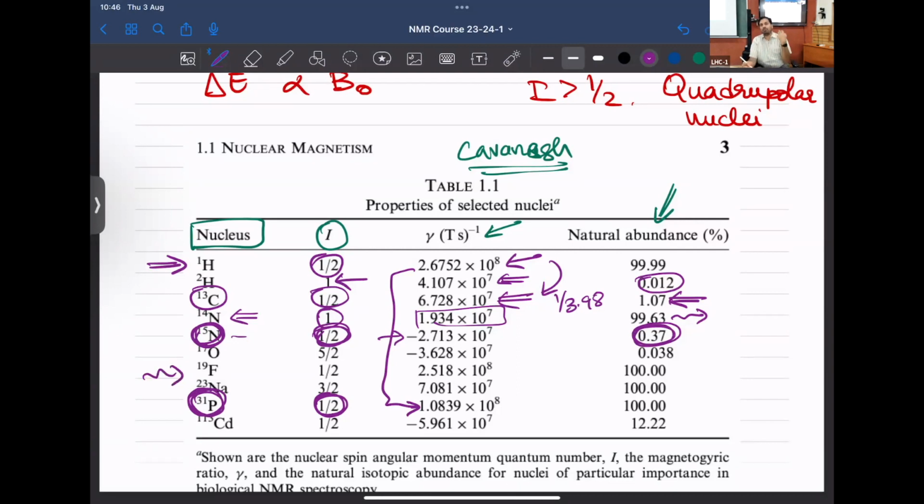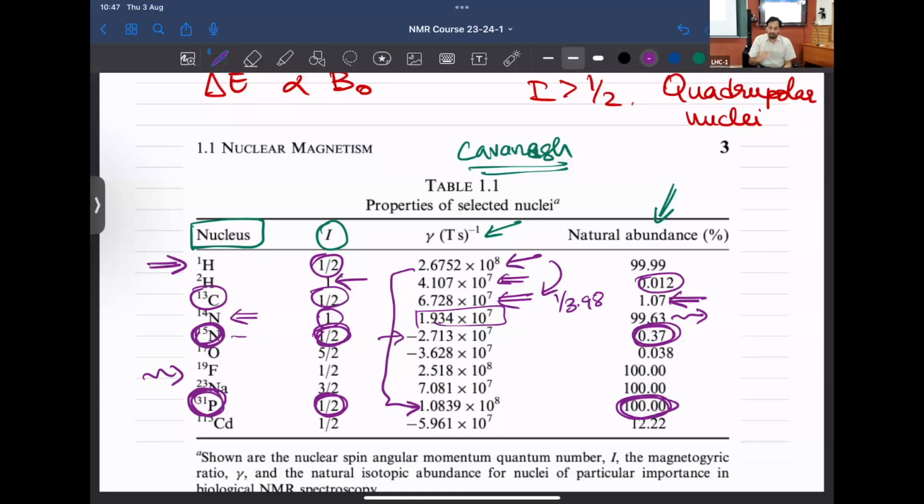Fluorine is probably the 3rd highest in gyromagnetic ratio. First is tritium, next is 1H, then is 19F, and there may be something in the middle, but then phosphorus comes next. But phosphorus is fantastic because it's also 100% abundance, right? When you look at nucleic acids, there is a phosphate backbone, and therefore this is also a very important nucleus to look at.